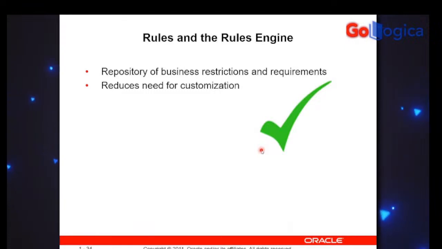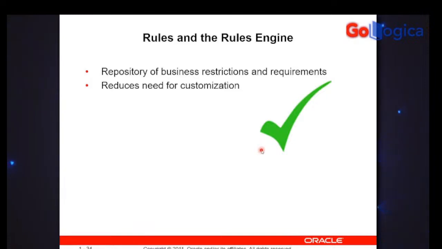So coming to rules and the rules engine. This is the heart and soul of our WMS, as we all know. Rules are nothing but restrictions and requirements for our business scenarios, and Oracle provides us the flexibility to have them in WMS. We have a specific screen where we can write the picking rule, put away rule, and all those other rules.